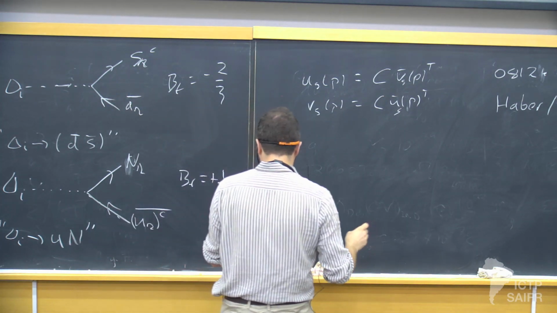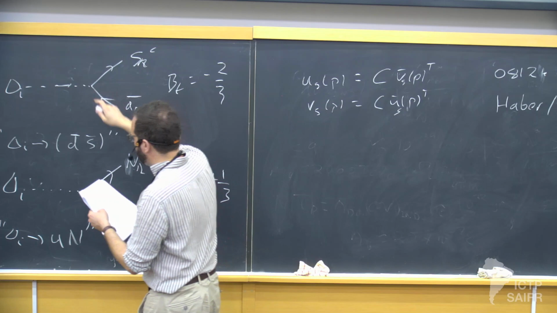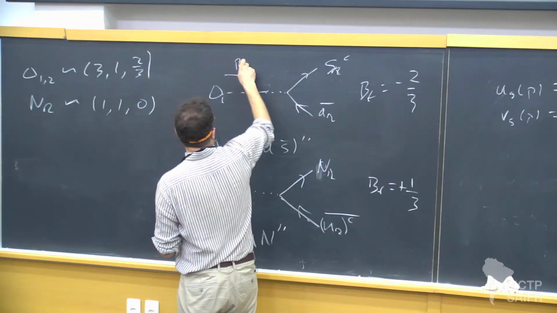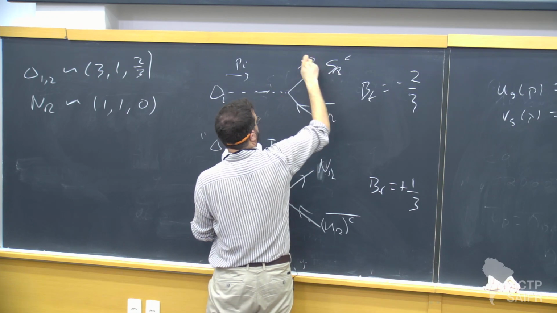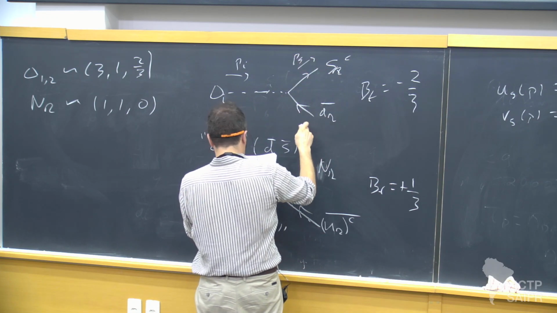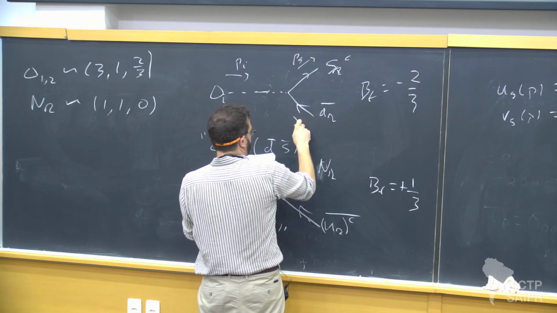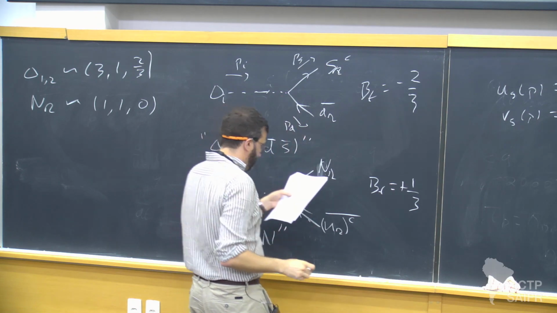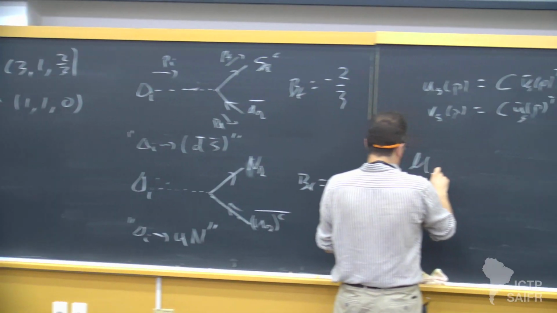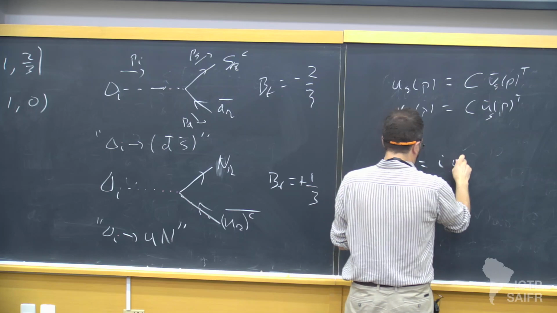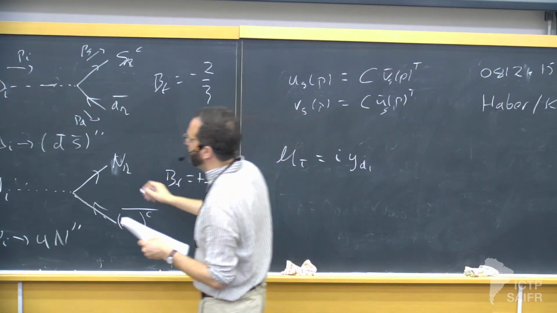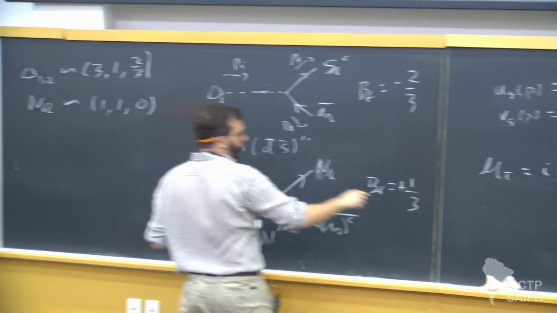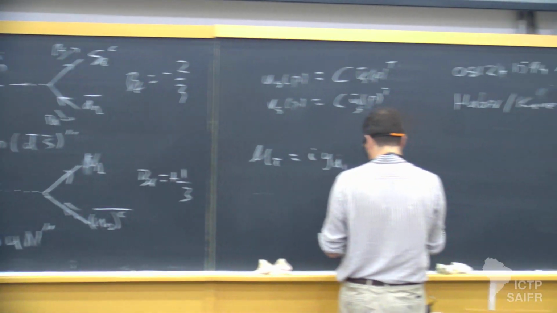So you can check that the tree level decay rate here is just, let's say we're interested in delta 1, so we have a 1 here.